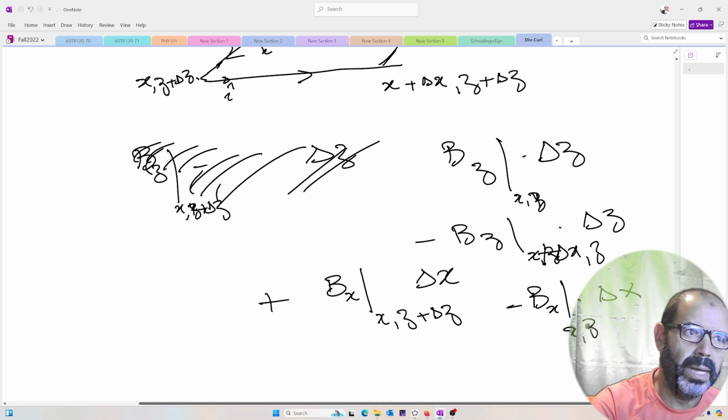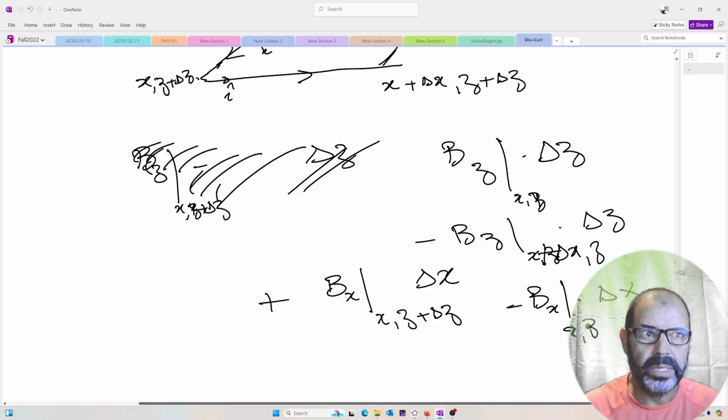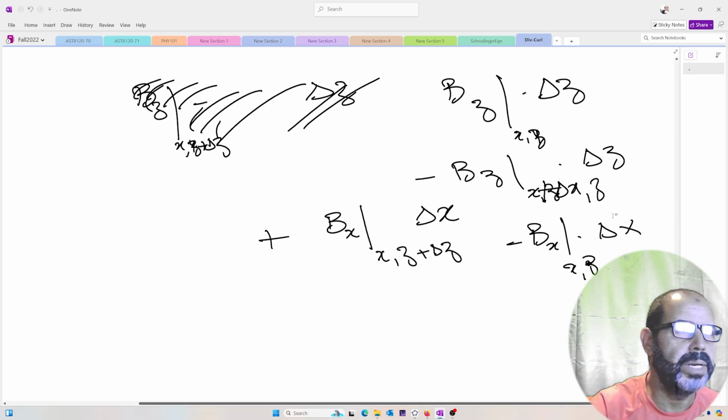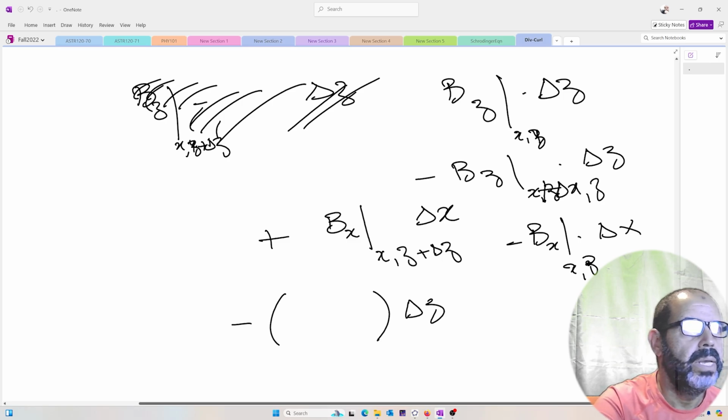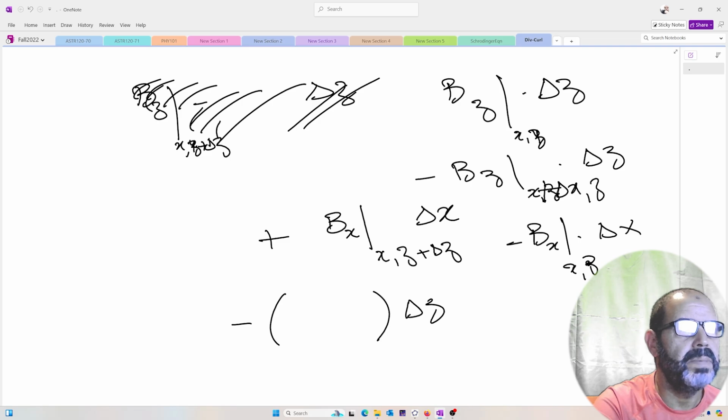Again, I think there is a good argument for it in Feynman. Hopefully you guys can look at it again. I'm going to pick up the delta z in here, and I'm going to use the minus again. So it's going to be a minus open parentheses. I have a delta z in here, which is a common factor. And I have a bz evaluated at x plus delta x, z, minus a bz evaluated there.